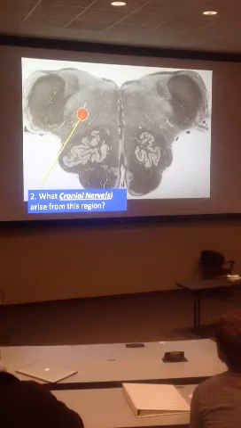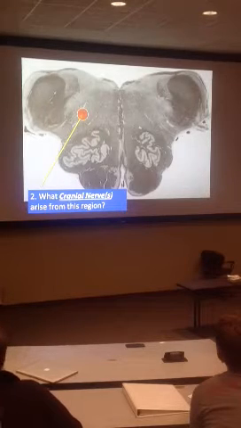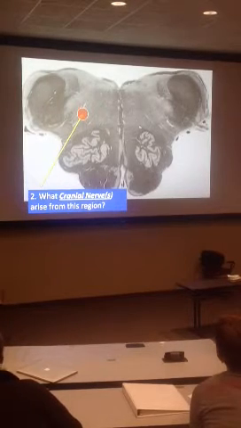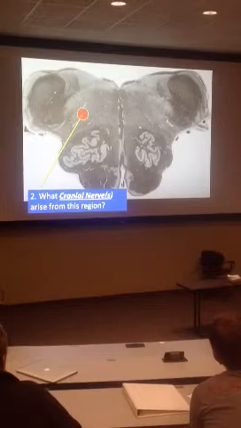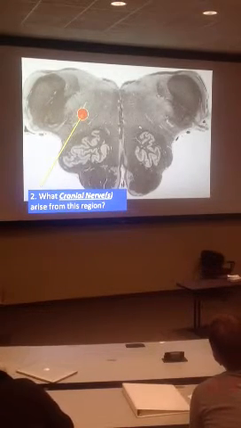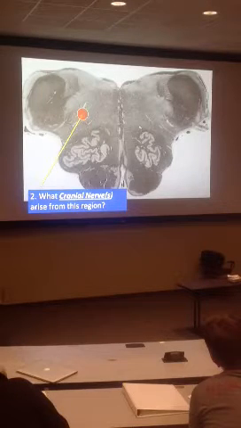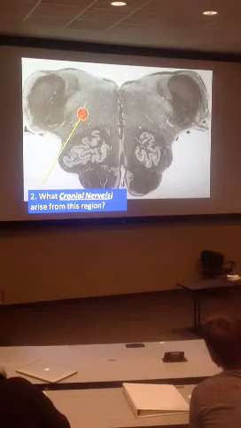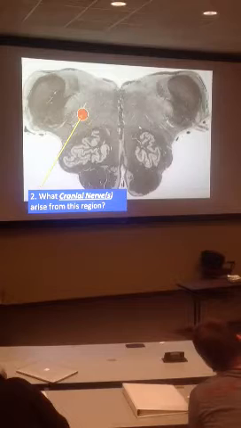Hypoglossal is contralateral. Anytime you damage the nerve or the nucleus, always remember you're going to see lower motor neuron deficits, because that's where those lower motor neurons are. They're in that nucleus sending their axons out.